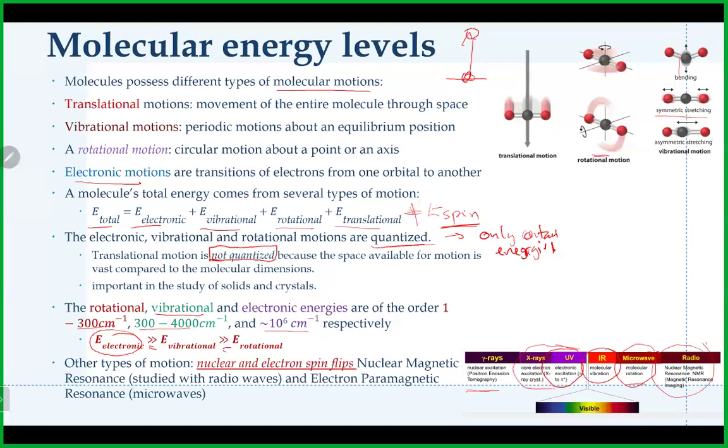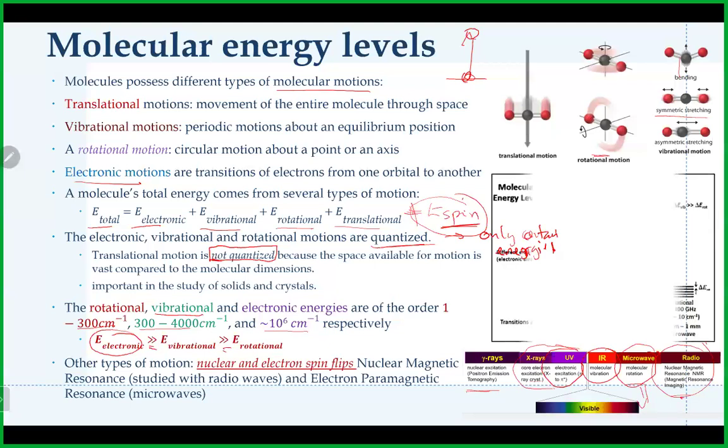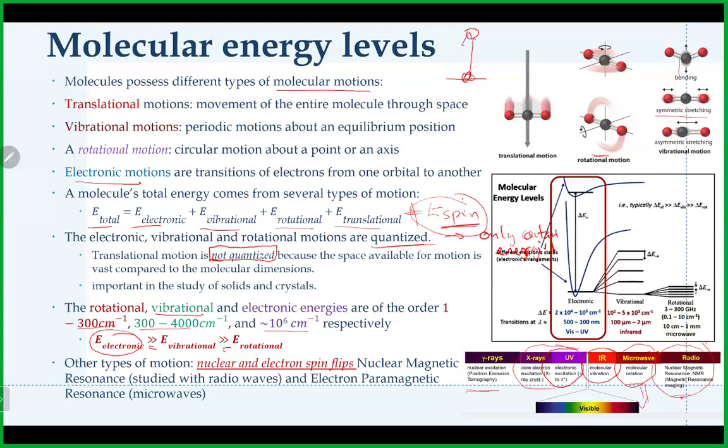Nuclear spin takes place in the radio region. Electron spin takes place in the microwave region. The other type of motion present, which is why I included spin here the other time, is the spin motion. Now in chemistry, it is customary to always represent things in a diagram just for conceptual understanding.